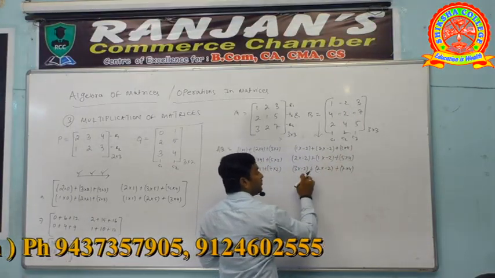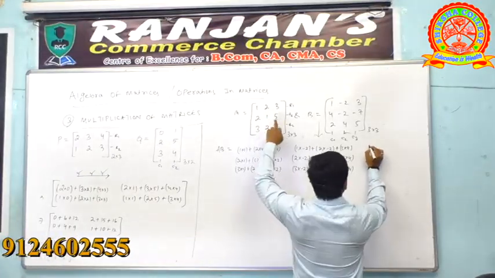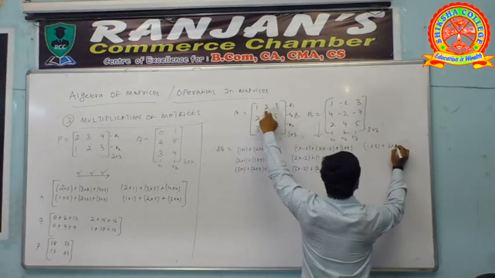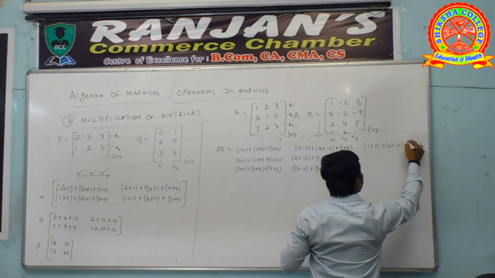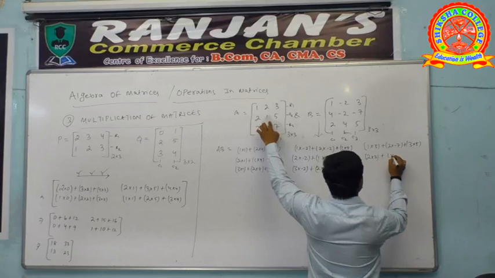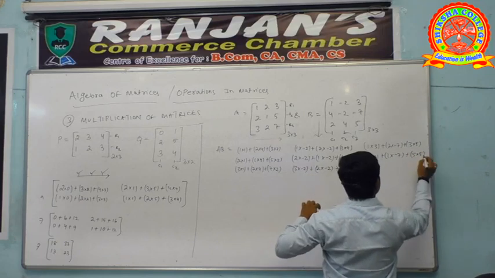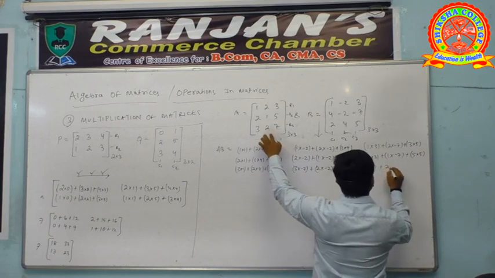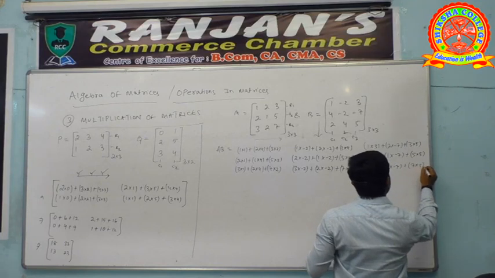Same with the third: 1 into 3 plus 2 into minus 7 plus 3 into 5. Then 2 into 3 plus 1 into minus 7 plus 5 into 5. Then 3 into 3 plus 2 into minus 7 plus 7 into 5.